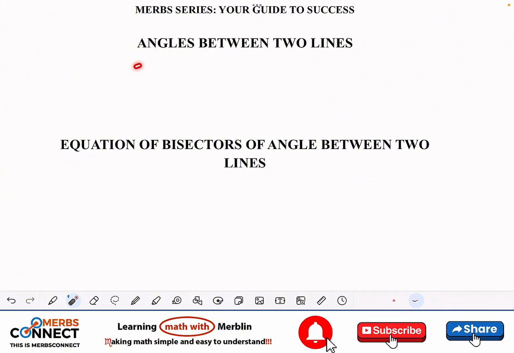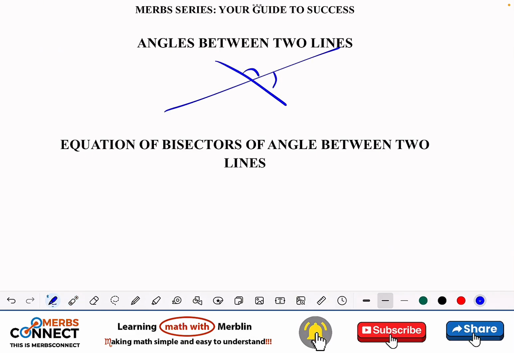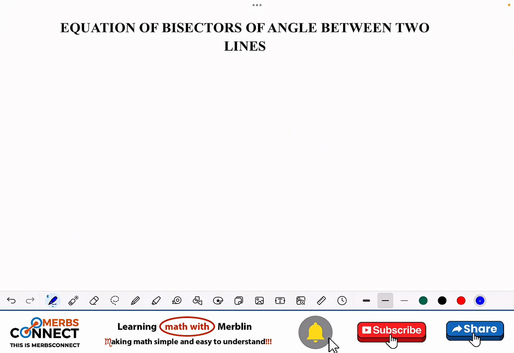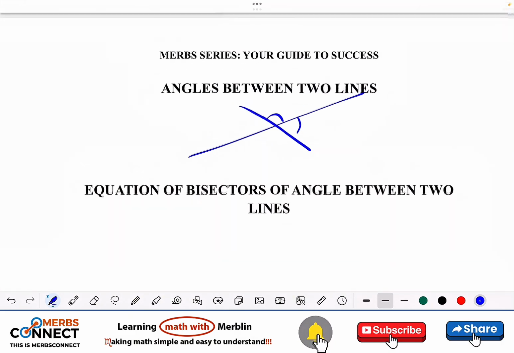Now with angles between two lines, we are covering something like this. That one too, we don't have a particular formula that we need to just learn so that we can use it. But when we are solving examples, I'll talk more on that, right? And then we will look at how we are going to go through those processes.